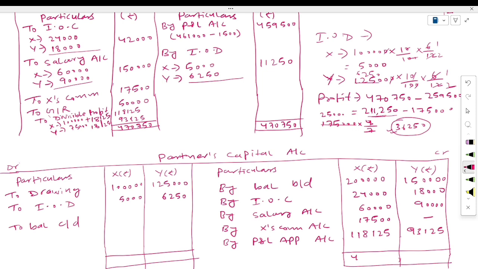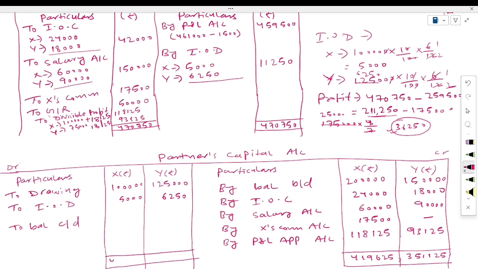The total amount will be here 4 lakh 19,625. And what will be the total amount of Y? 3,51,125 will be total amount.